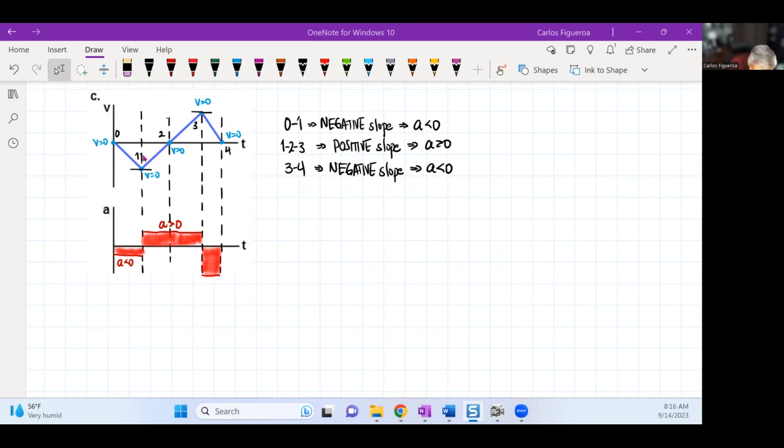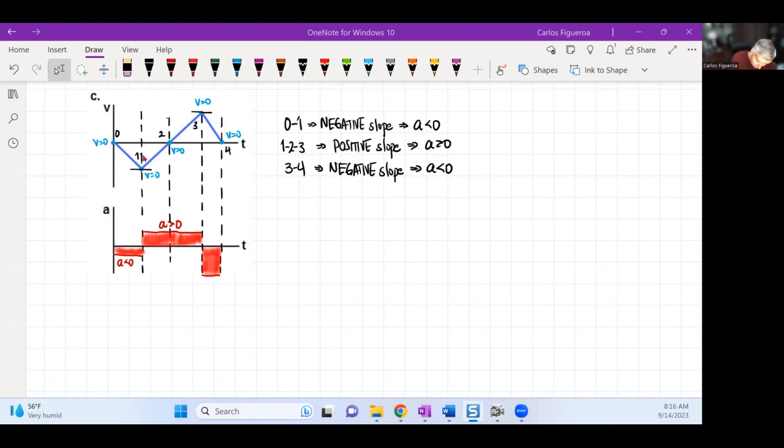In this case here, by the way, I said slowing down. That was a mistake. Let me say that again. I am not slowing down from 0 to 1. In fact, I'm speeding up. And I'll show you what I mean here in a moment. And so when I go from point 1 to 3, so I'm going through 1 through 2 to 3, that's a positive slope, so I have positive acceleration.